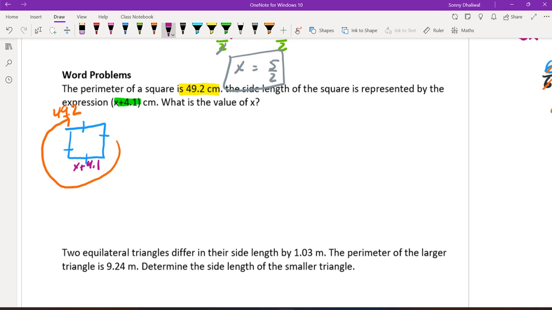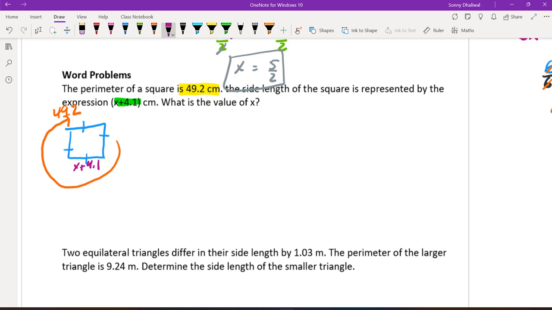They're asking us to figure out what the value of x must be. Okay? So let's just use some logic without going into the equations first. They said that all the way around is 49.2. How do we figure out how long one side is? Because remember, all the way around is all we're doing is adding up this side, this side, this side, this side.